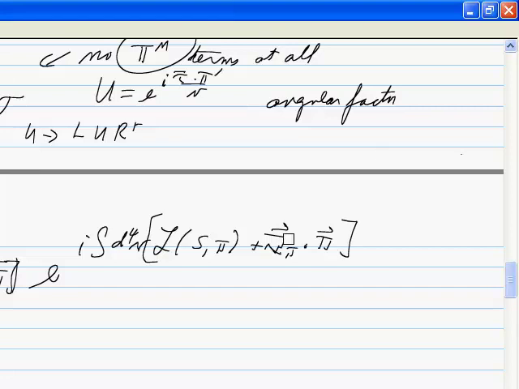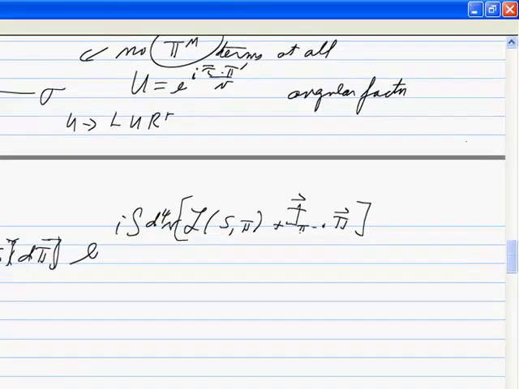Let's do that. There's no need to put a source coupled up to the S fields because we're not going to put any of them in the external states. They're too heavy, so we don't produce them at the energies that we're interested in.